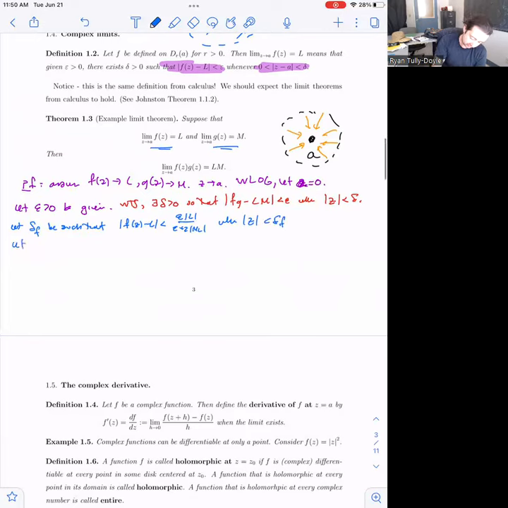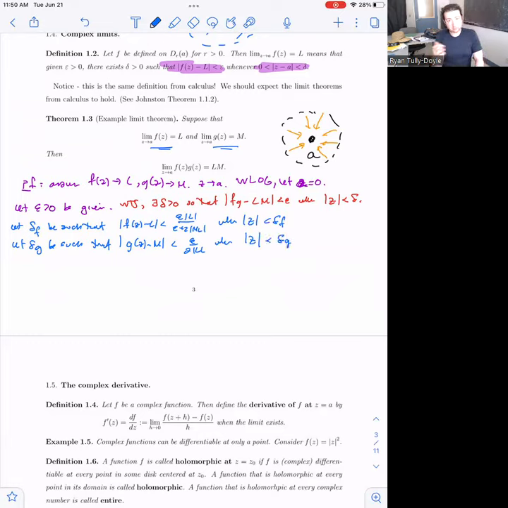And likewise, we'll let delta g be such that the distance from g of z to M is smaller than epsilon over 2 times the modulus of L when the modulus of z is less than delta g.